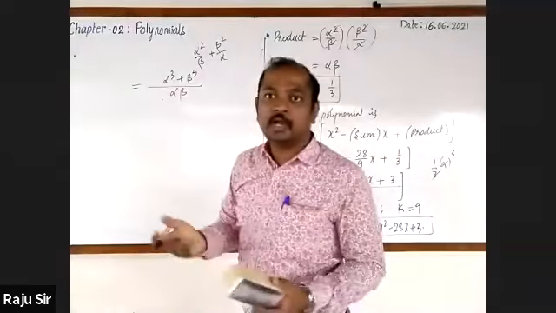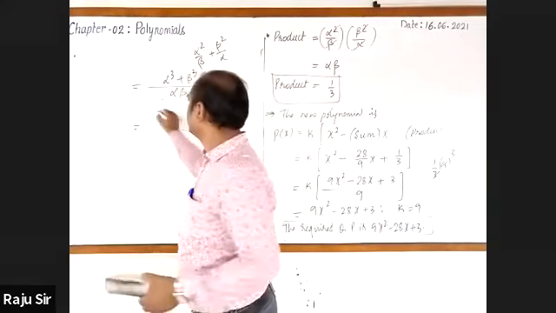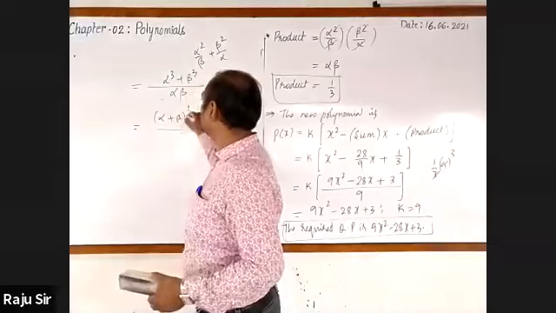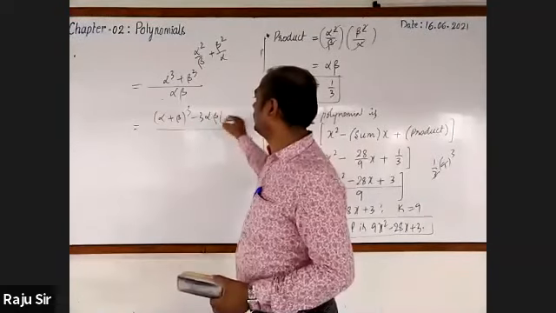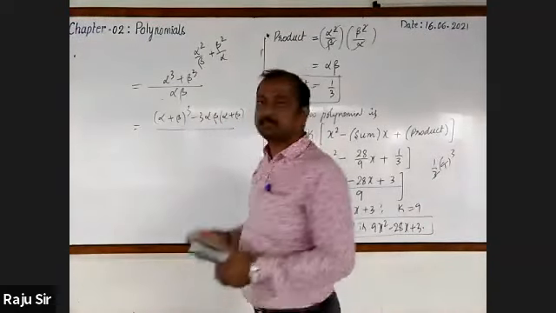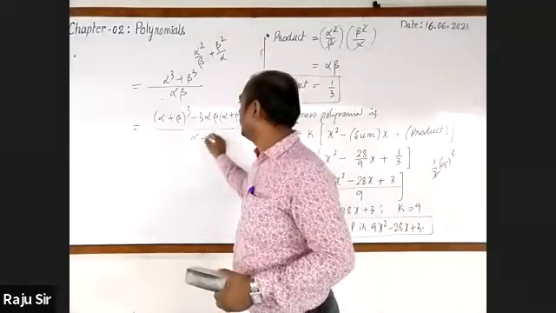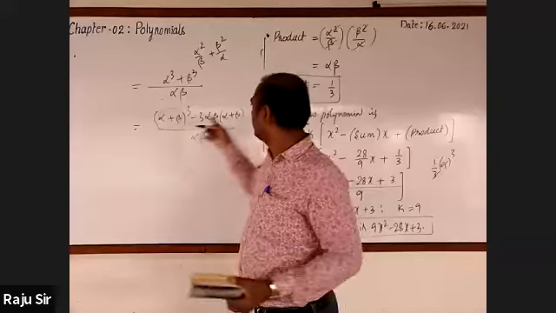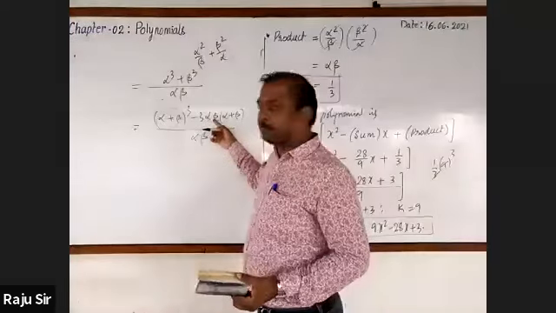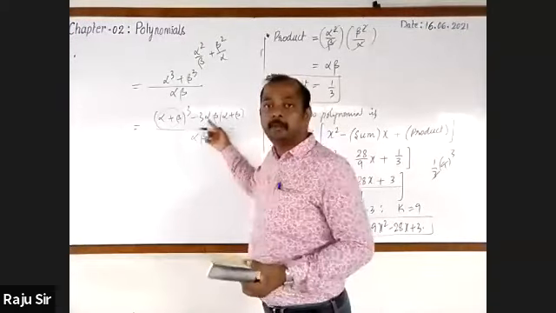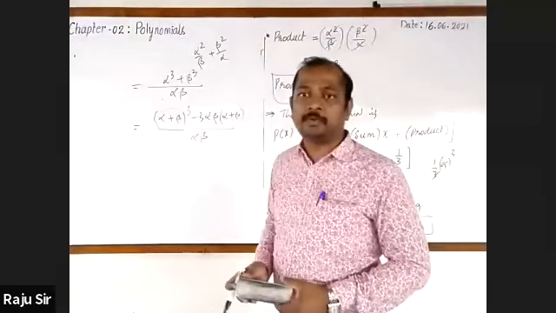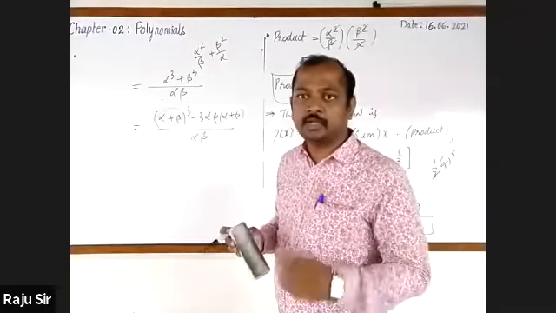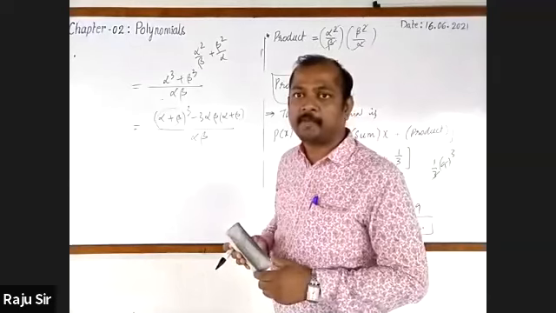Alpha cube plus beta cube can be written as alpha plus beta whole cube minus 3 into alpha beta into alpha plus beta, by alpha beta. Write minus b by a in place of alpha plus beta and c by a in place of alpha into beta. Then you can go for simplifying. Understood? Have you got it? Yes, sir.